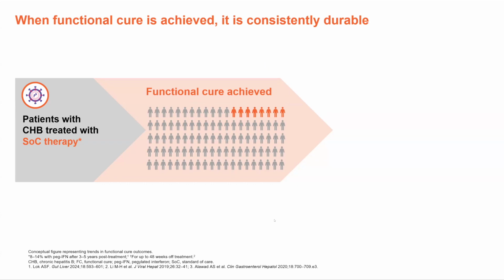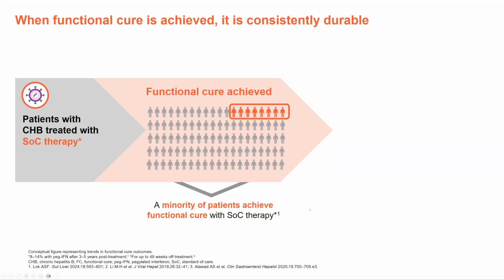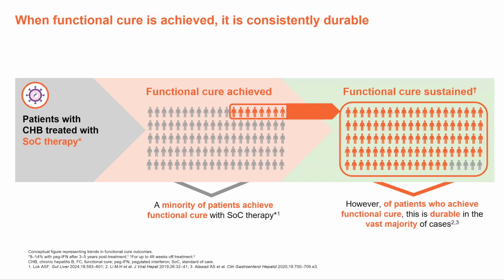With our standard of care therapies currently available, only a minority of the patients actually achieve HBs antigen seroclearance or functional cure. But this is the encouraging part. When they do achieve it, it's durable in the vast majority of the patients, whether the HBs antigen seroclearance was achieved spontaneously or by oral antiviral therapy.